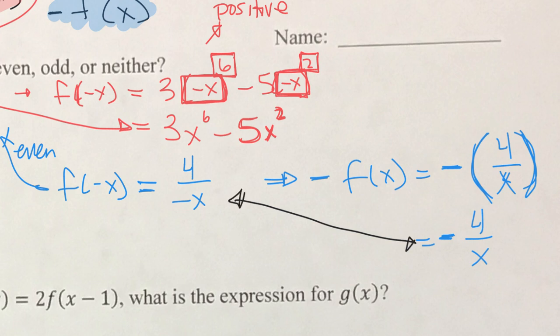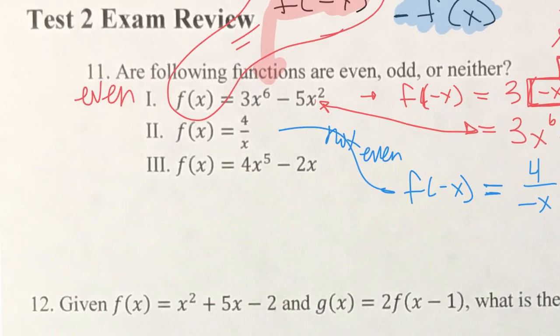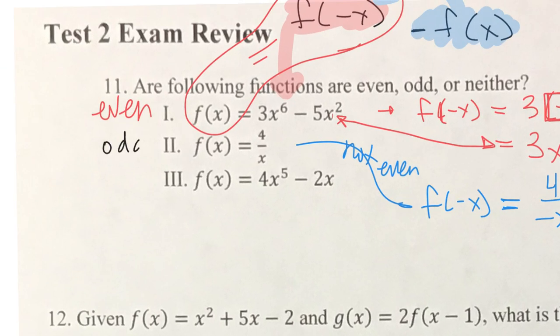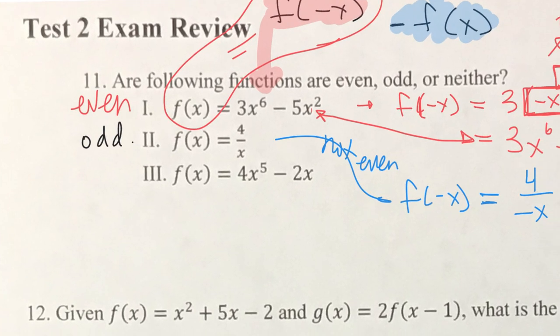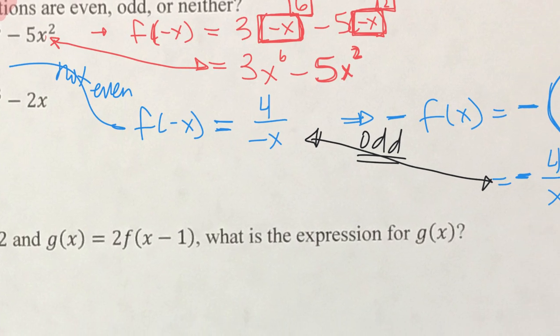How does f of negative x compare to negative f of x? Okay, and hopefully you see that they're the same, so that means this one is going to be an odd function. So number 2 is odd, because if you change the x to a negative, that's the same thing as making your entire equation negative.